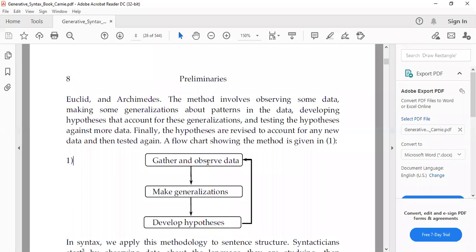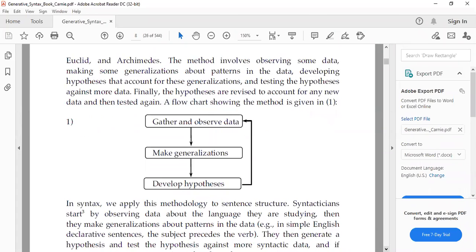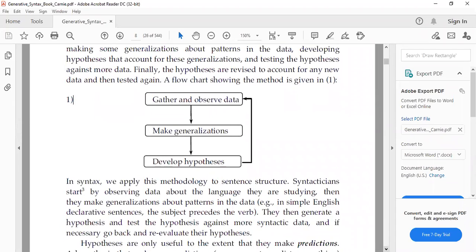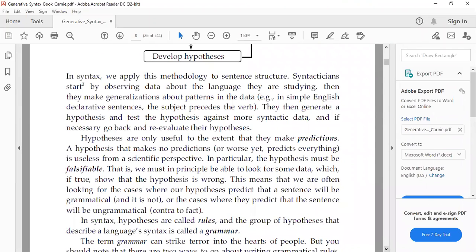So this is the scientific method. We gather and observe data, we make generalizations, and we develop hypotheses. And we test our hypotheses against the new data, and we keep changing and modifying our rules.